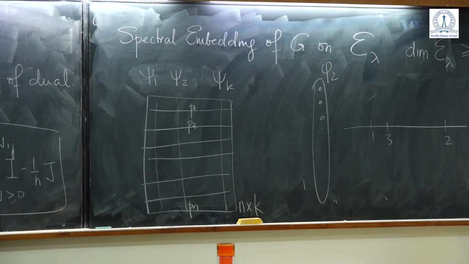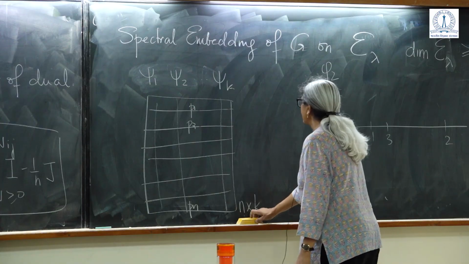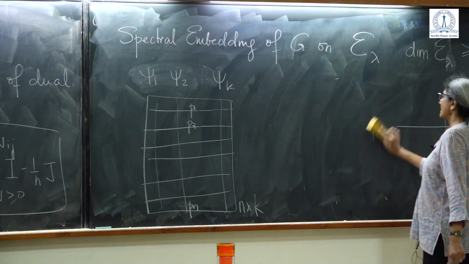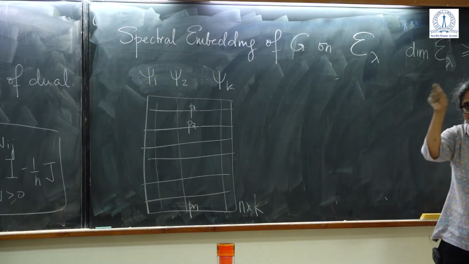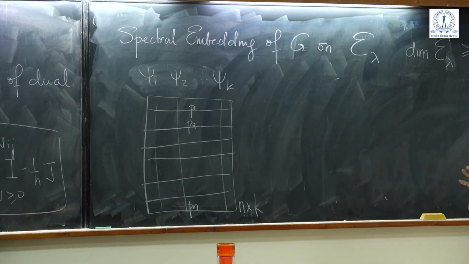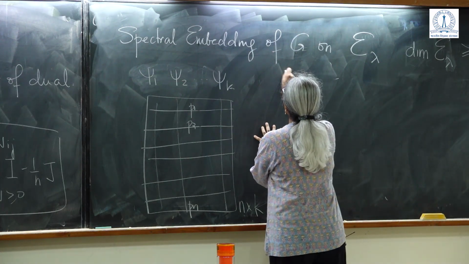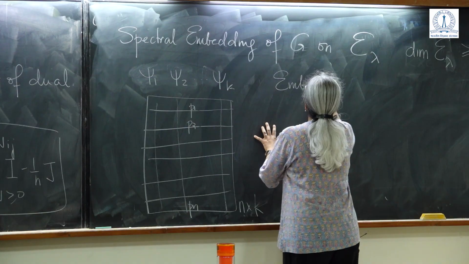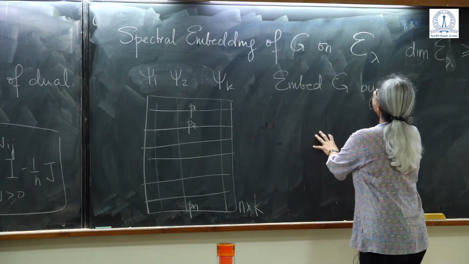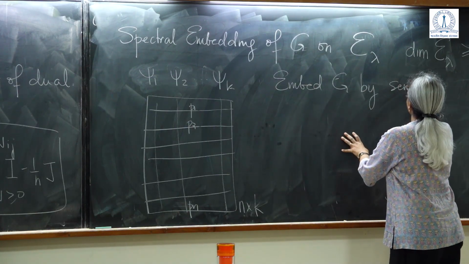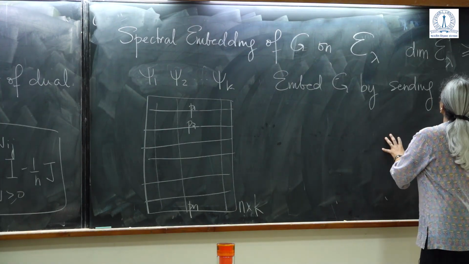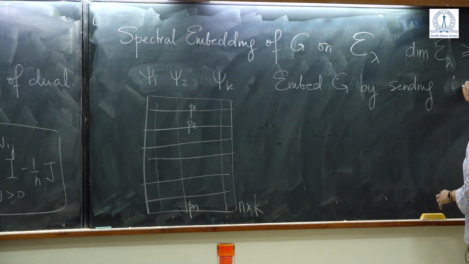That's fine. Okay, so we're going to call this embedding edge isometric if after you draw in all the edges they have the same length. Good? So I'll add that definition. So spectral embedding means embed G by sending vertex i to p_i. This is the embedding.